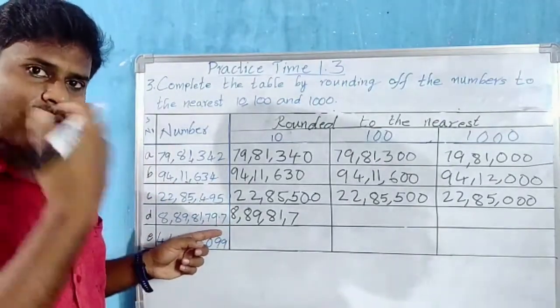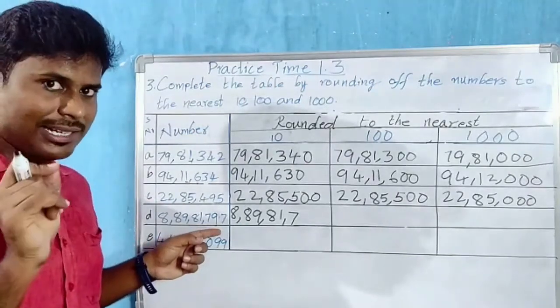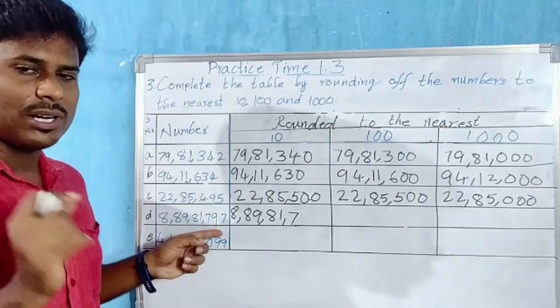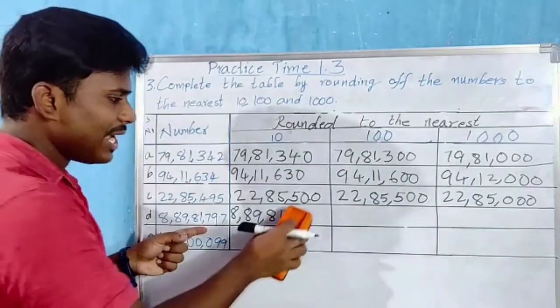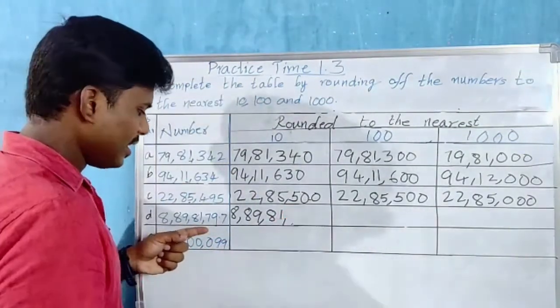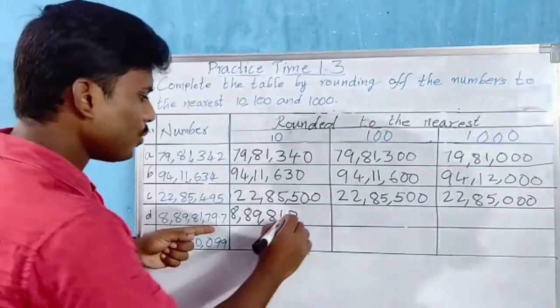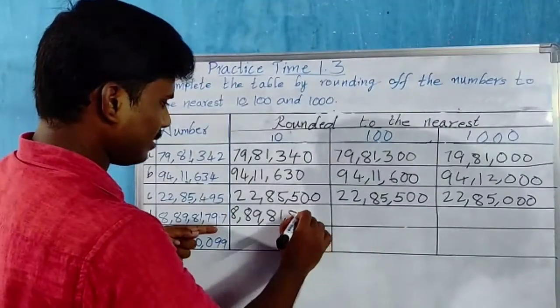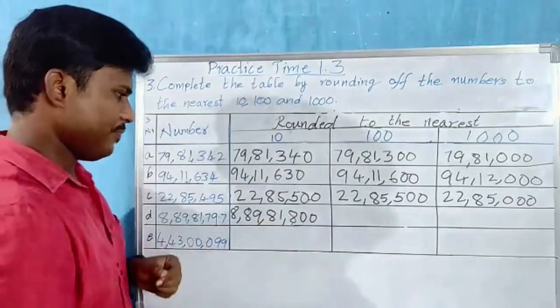So we add 1 to 9. 9 plus 1 is 10, but we cannot write 10. So as I said, we have to regroup to the previous place. 7 plus 1 becomes 8, so we write 8. Now place zeros here. 10 means 0 here, and 1 we regroup.